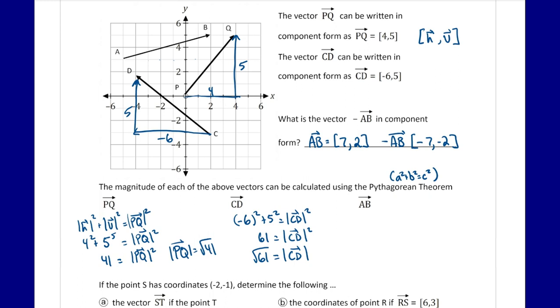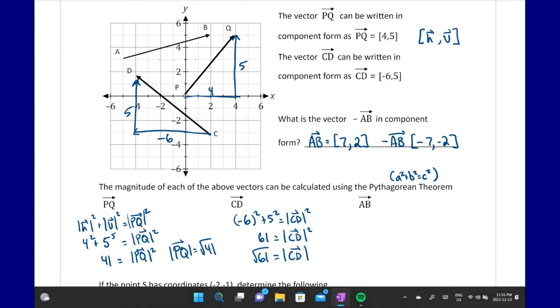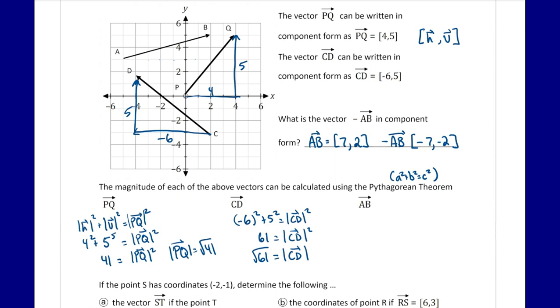For AB, similar idea. We know it's 7 and 2 for the horizontal and vertical components. So 7 squared plus 2 squared is equal to the magnitude of AB squared.